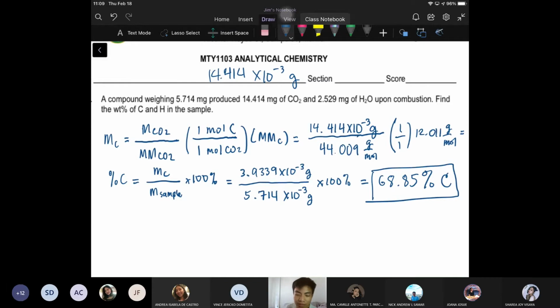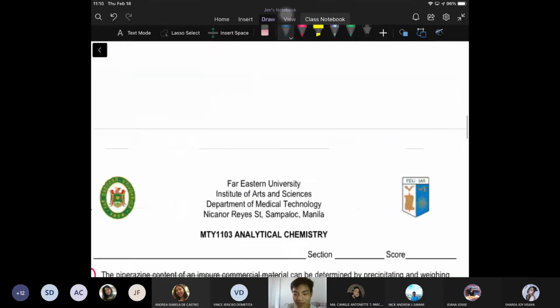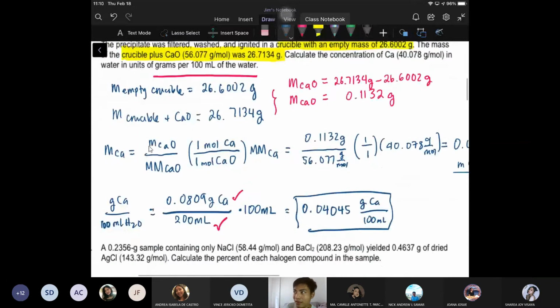So, for us to determine the percent hydrogen in our sample, we first have to convert water into hydrogen, no? Yung mass ng water into mass of hydrogen. So, yung formula, ganito pa rin yung itsura. Actually, itong formula na to, ginamit din natin kanina. Tignan nyo, ulit-ulit lang yung format dito.